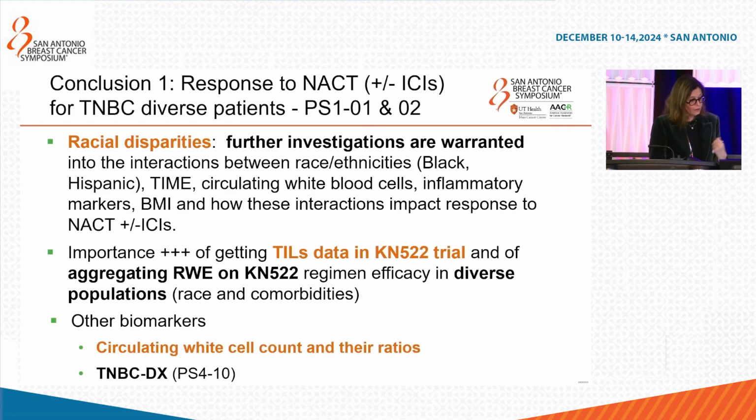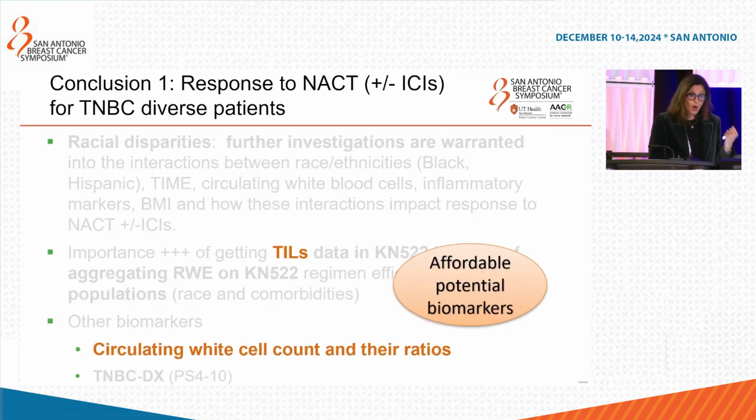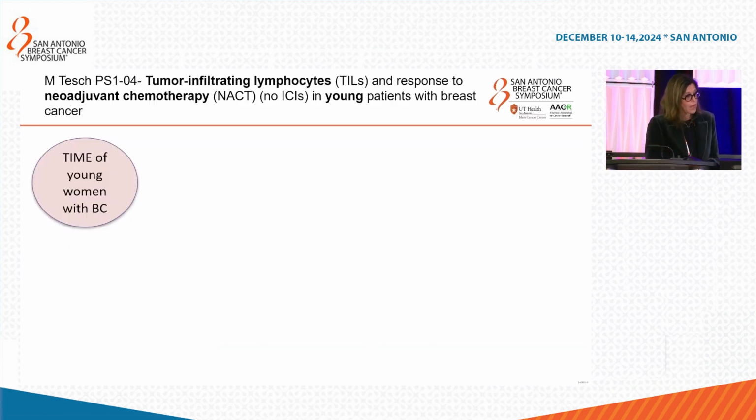And the other biomarkers, circulating white blood cell count and the ratio, and also the very interesting TNBC-DX that will be presented also today with data not on pembro, but with other immune checkpoint inhibitors. And altogether, TILs and circulating white cell count and the ratio could be extremely affordable potential biomarkers for checkpoint inhibitors.